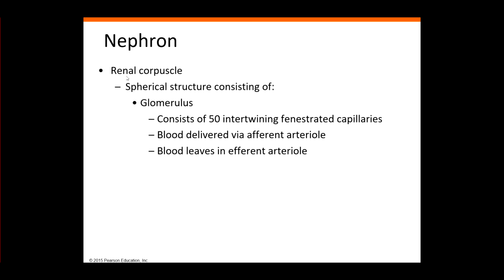The second part of the renal corpuscle is the glomerulus. This consists of about 50 intertwining capillaries that are fenestrated. Right? If you remember from the anatomy part of blood vessels, capillaries sometimes have little pores in them known as fenestra, and these are examples of that, where they're going to be kind of leaky capillaries.